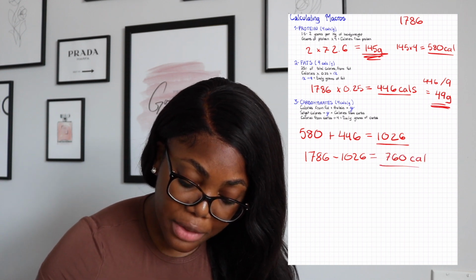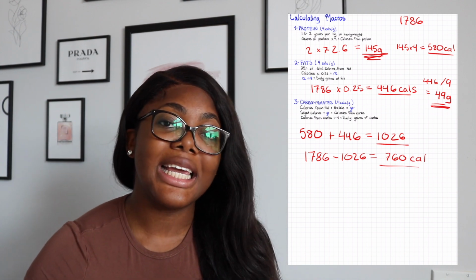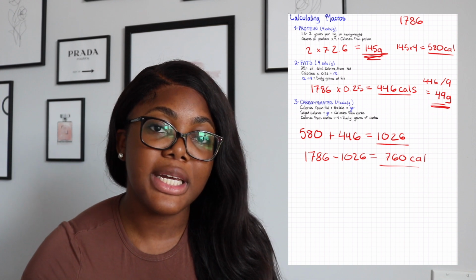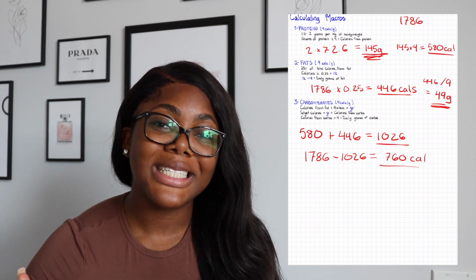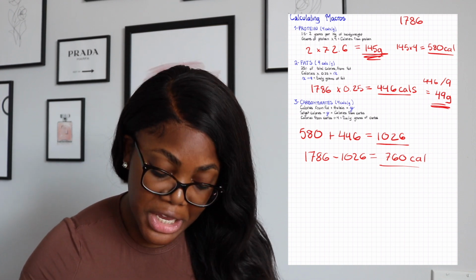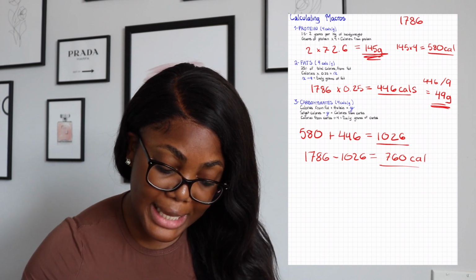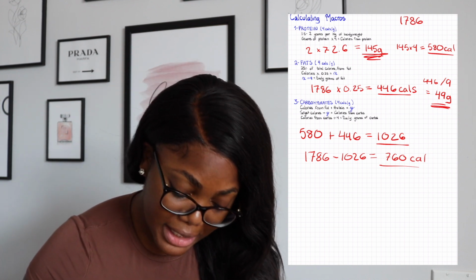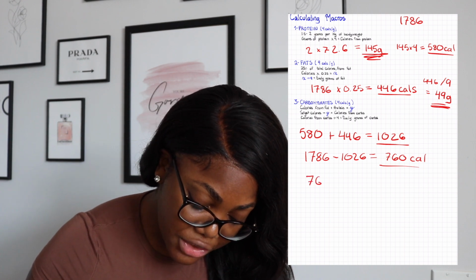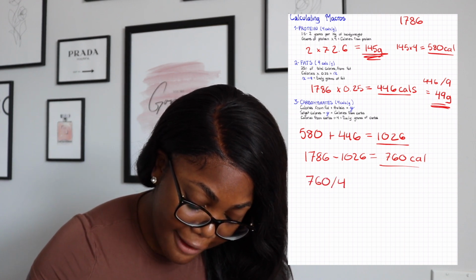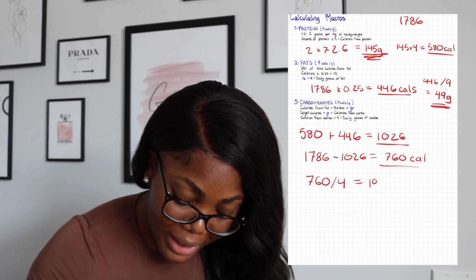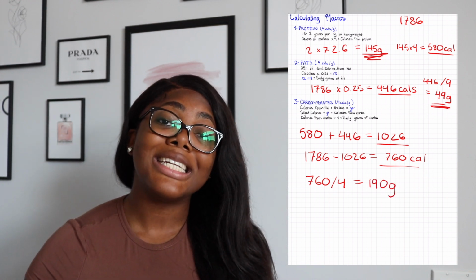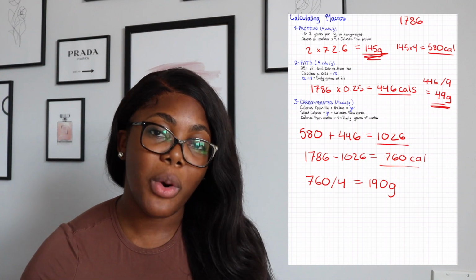So that's how many calories she has left that she can eat of carbs, okay? And like I said earlier, like protein, 1 gram of carbohydrates is equal to 4 calories. So if she has 760 calories and we divide this by 4 calories per gram, we're gonna do 760 divided by 4, and we get 190. And so that is 190 grams of carbs.